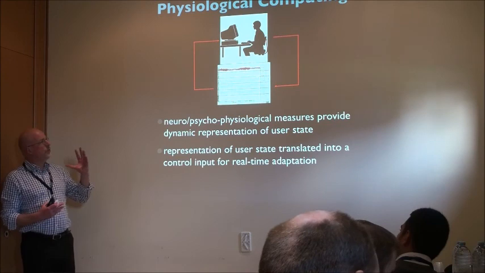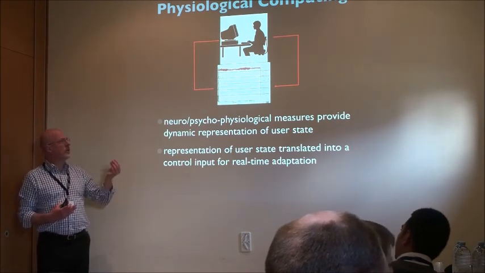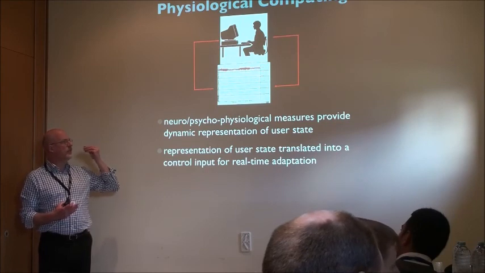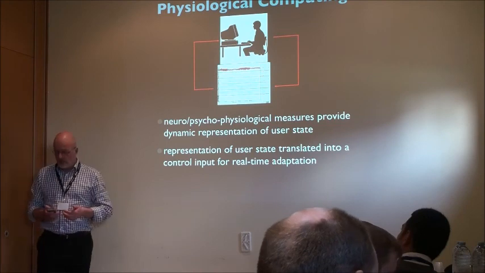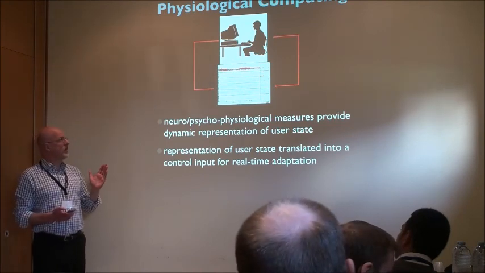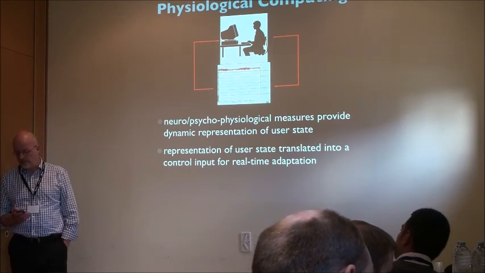So these two arrows really represent two acts of translation. One is translating the data from the brain and the body into some kind of psychological state. And the second one is where we translate that state into an appropriate action at the interface.